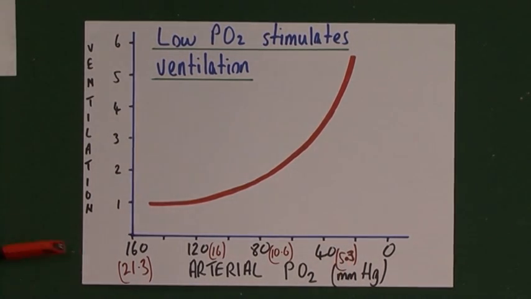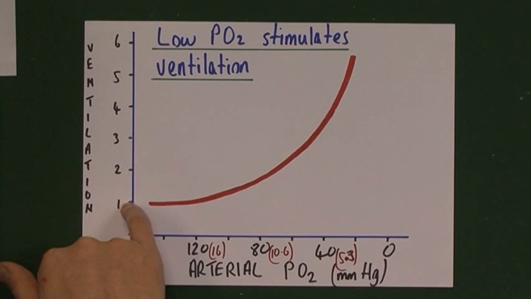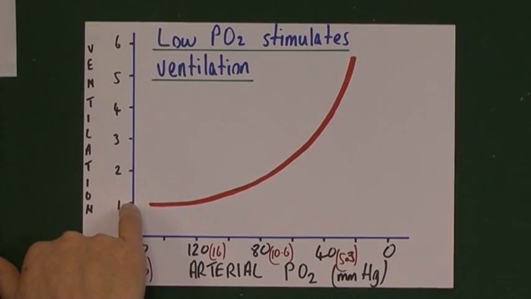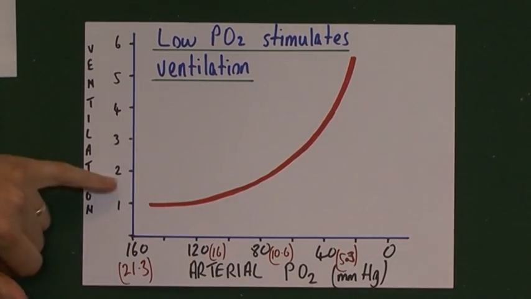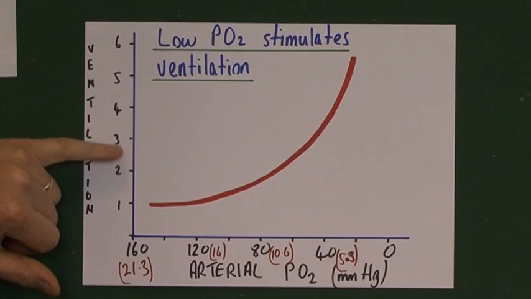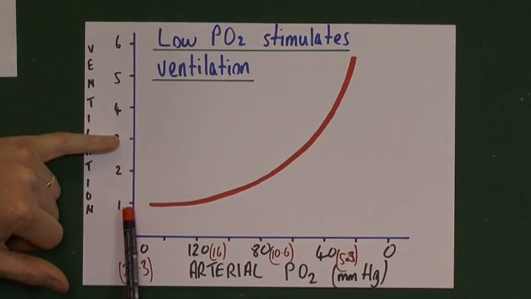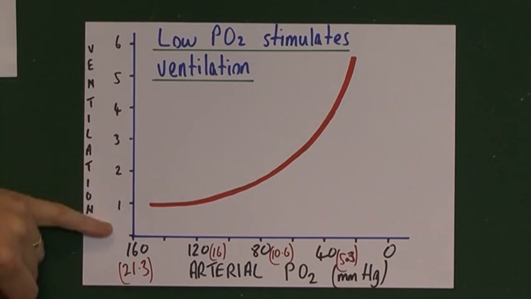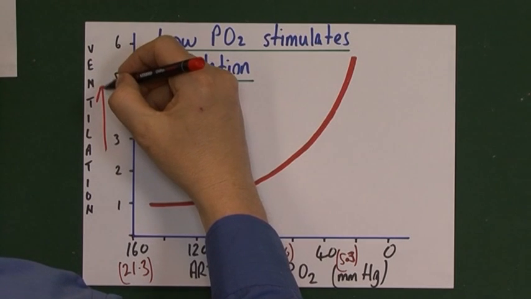And again, 1 is a normal resting ventilatory rate, and 2 represents twice as much air going in and out of the lungs as there would be at rest. 3 represents 3 times more air going in and out of the lungs as there would be at rest. In other words, this is increased ventilation, increasing ventilatory effort.